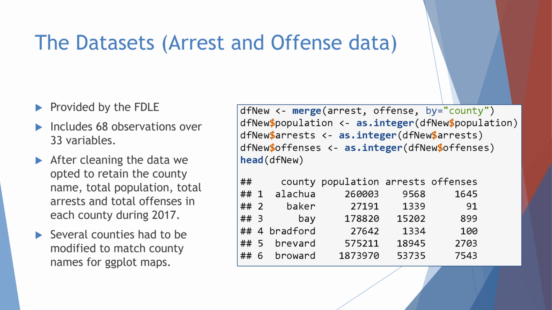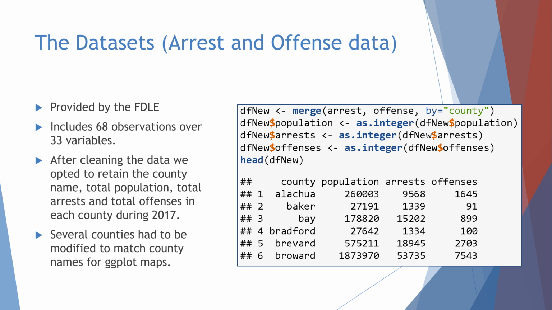This is the arrest and offense data from the Florida Department of Law Enforcement from 2017. This data set came with many observations over many variables, and what we wanted was just the county name, the population, the total number of arrests, and the total number of offenses.